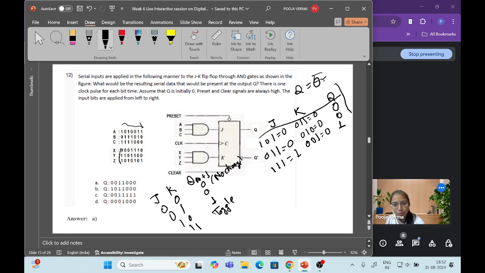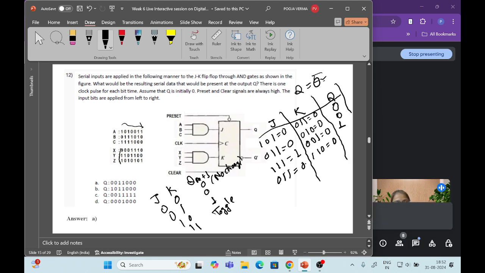Okay, so now moving to the next bit. Next bit 0, 1, 1. So 0, 1, 1 is ANDed. We will get final 0. Now next, fourth one, right? 1, 1, 0. We will get final 0 for K. So again it is 0, 0.